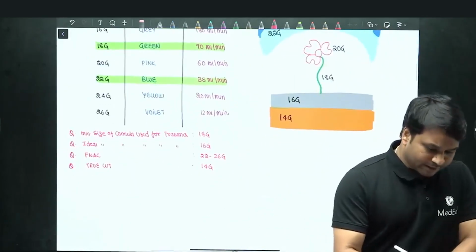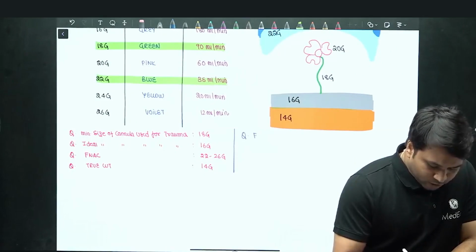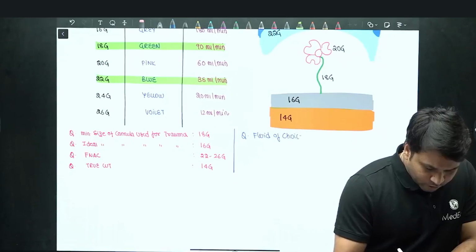Now जब कैनुलास की बात आएगी ये तो फ्लूइड्स का भी यहीं पे क्लोज कर लेते हैं. Now the question is fluid of choice. Fluid of choice in trauma resuscitation.